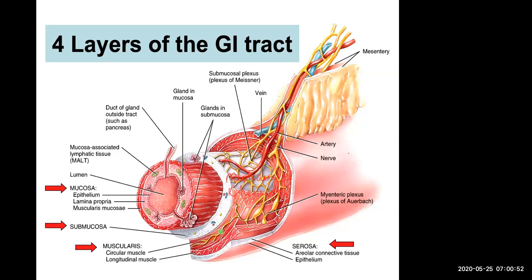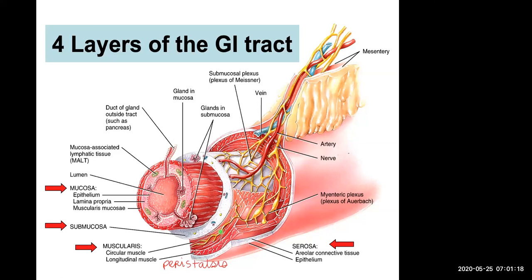And when both of these layers of muscles contract at the same time, it helps to do what is called peristalsis. Peristalsis is, let me write that word here. So peristalsis is a type of propulsion that moves things in one direction, and that's going to be inferiorly.